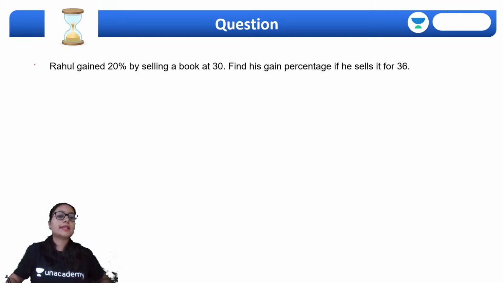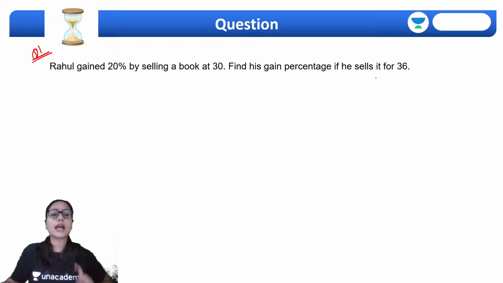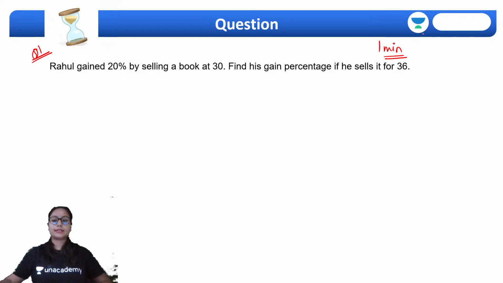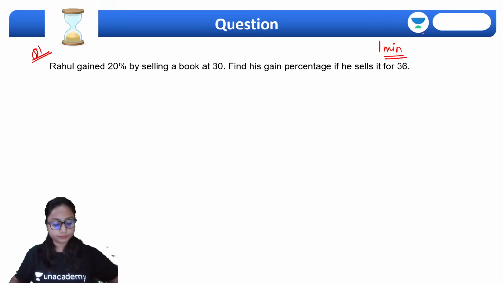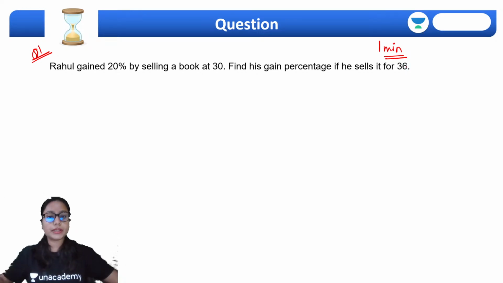So here is the first question for you for today's class. Please read the question carefully, understand it, and tell me what is the answer. You have 1 minute to answer. Yes, please solve. Yes, good evening, Nilesh. Please try this question.